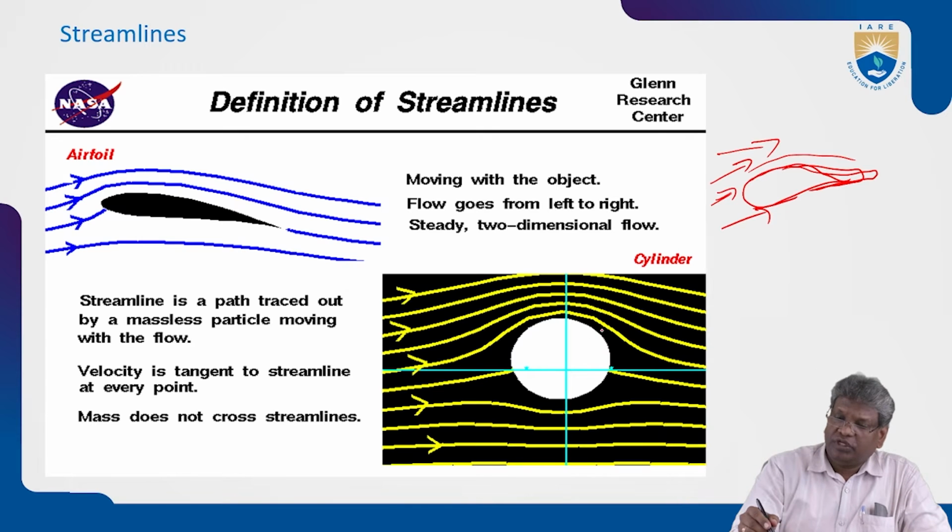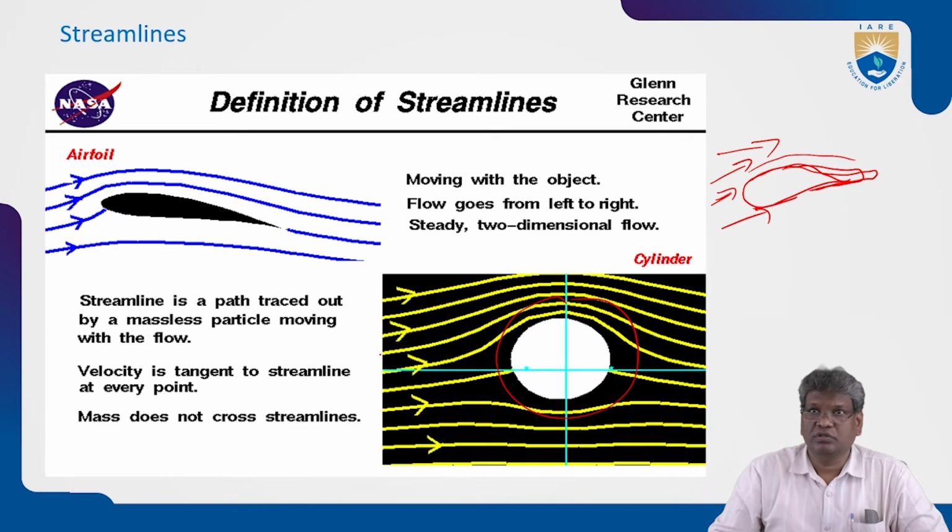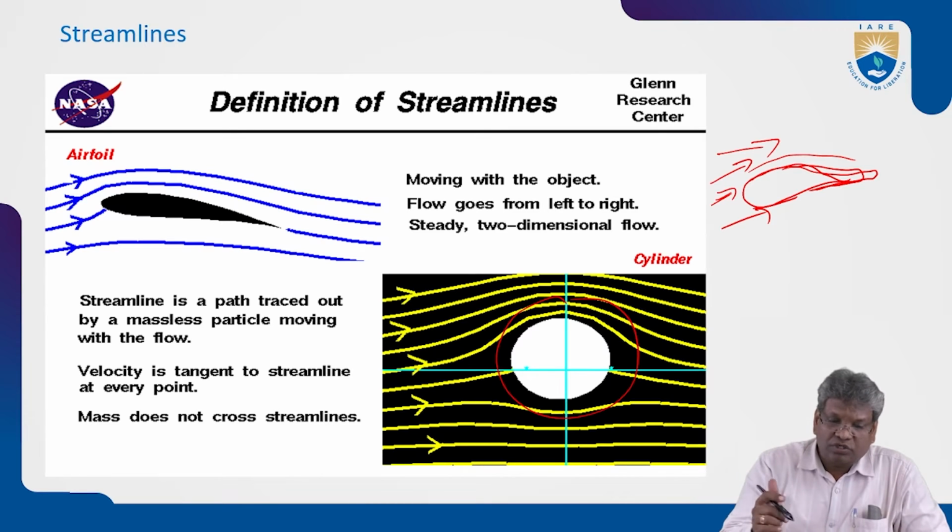Suppose you take a cylindrical object like this, as in the figure shown. A streamline is the path traced out by a massless particle moving with the flow, and velocity is the tangent to the streamline at every point.